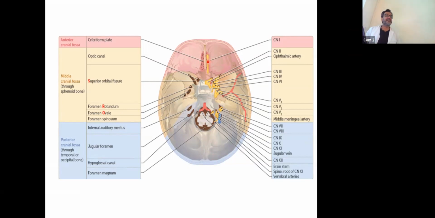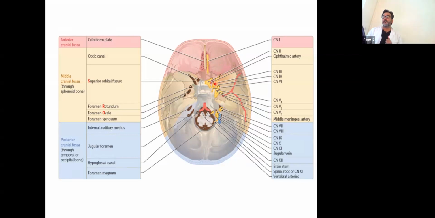So the first cranial nerve, which is responsible for the sense of smell, is going through the cribriform plate going up. Then you see this optic canal giving rise to the optic nerve, or the second cranial nerve, which is responsible for vision.